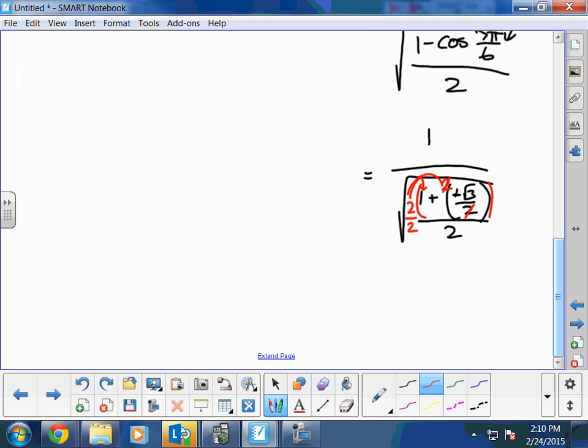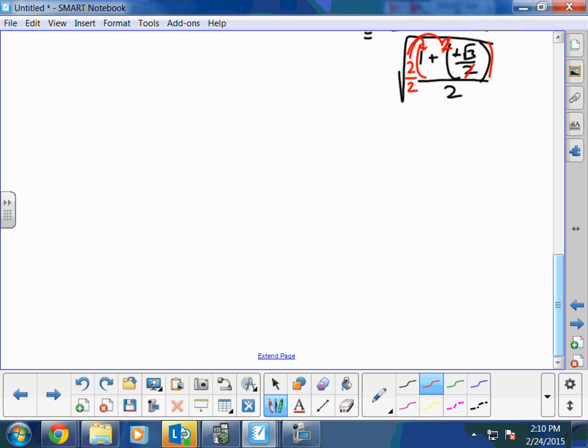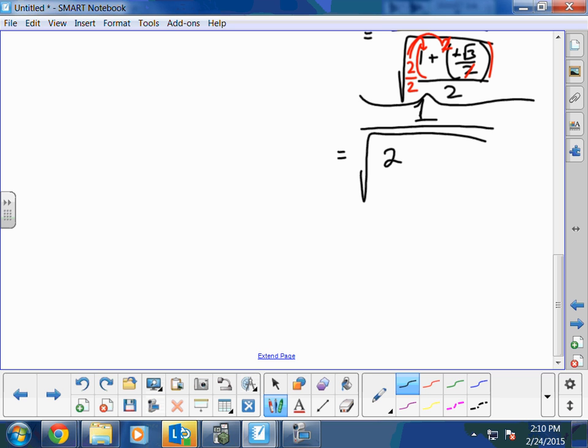That's the reason why I'm multiplying 2 top and bottom, because in essence, I'm now going to be able to write this down. Square root of 2, well, actually remember this is still all over 1, so do not forget that. 2 plus the square root of 3 over 4.